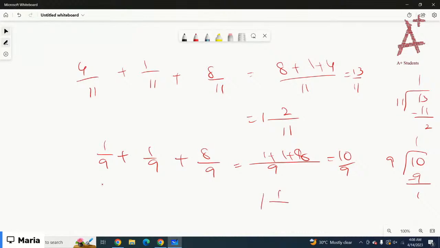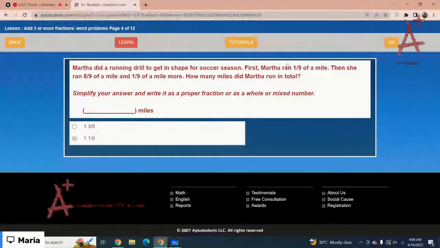So it would be 1 whole 1/9. Got it? It is 1 whole 1/9.